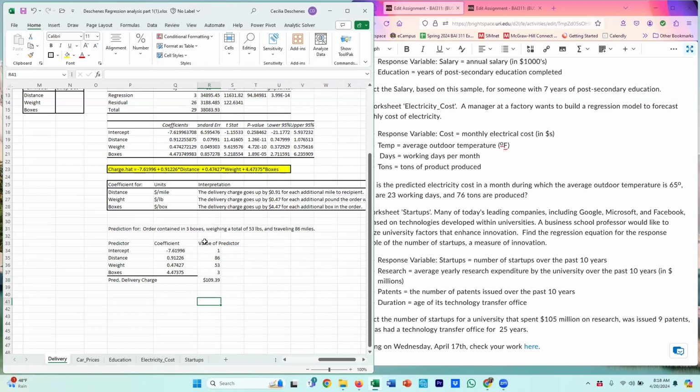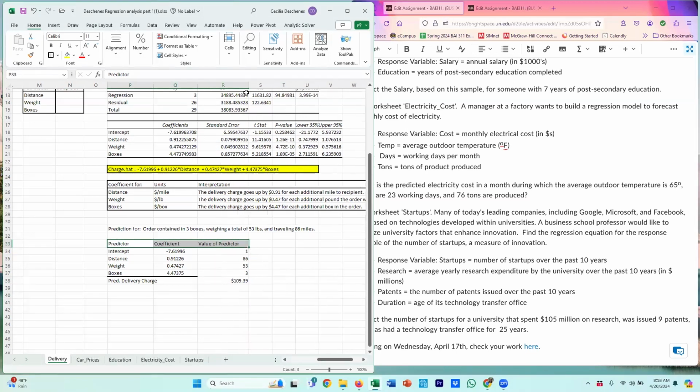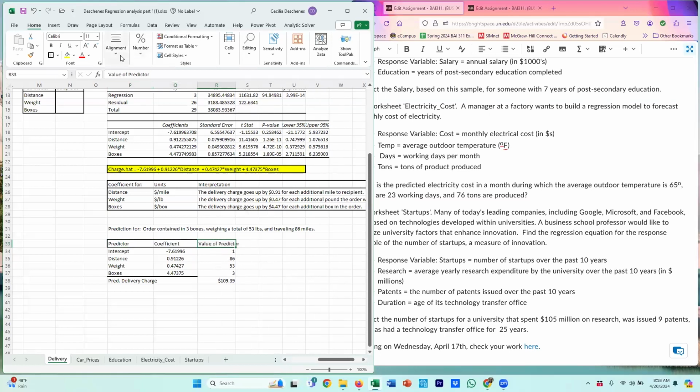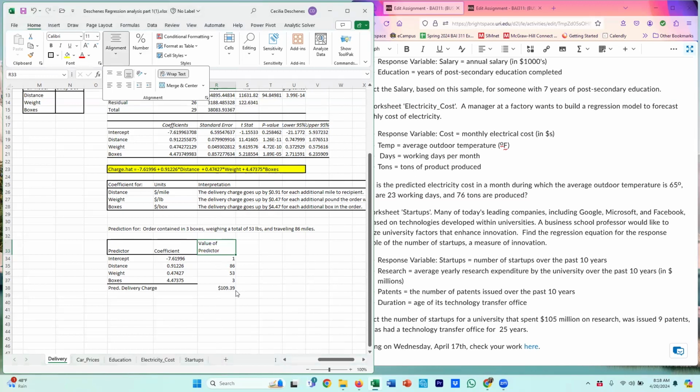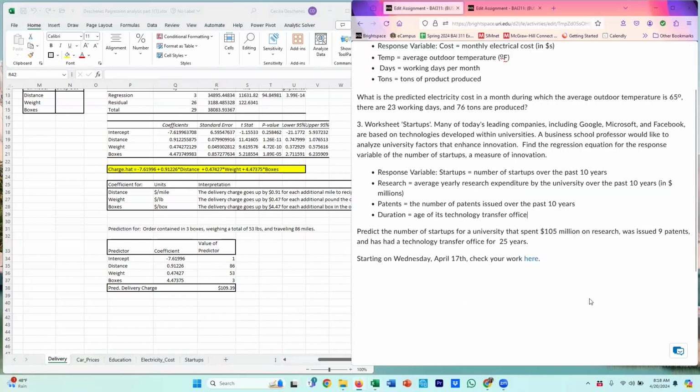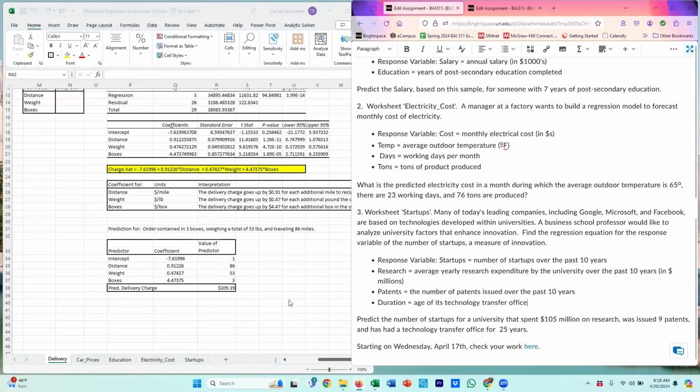So, you can kind of format this a little bit more if you want. Right, so we have $109.39. Great. All right, so that we have now completed.